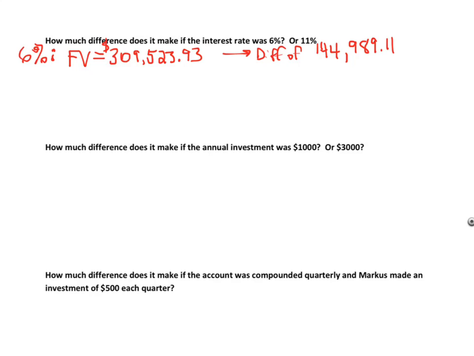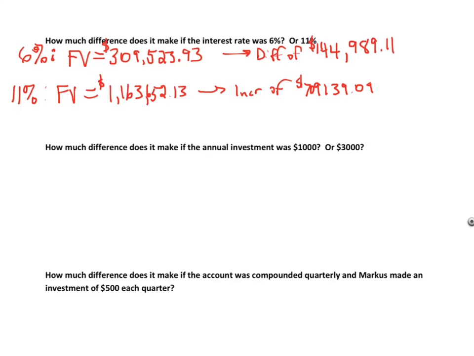However, if we go up 3.5 points to 11%, turns out that the future value is $1,163,652.13, which means an increase of $709,000 plus change. So notice how big of an impact that the percentage rate has on the size of the final investment of the future value.